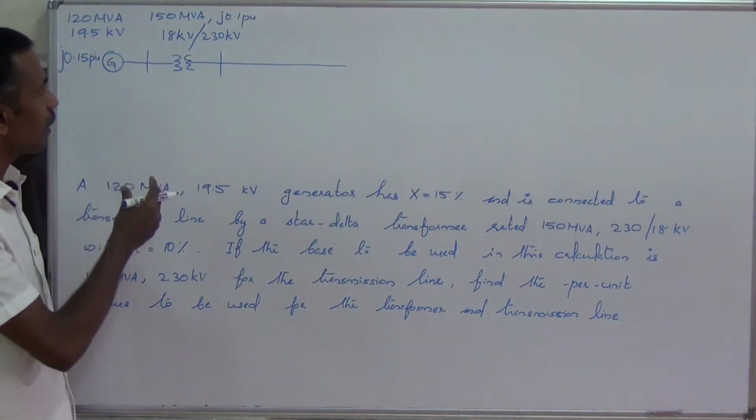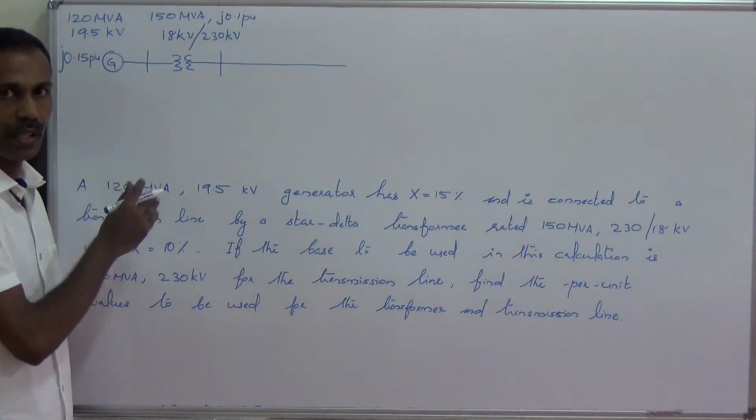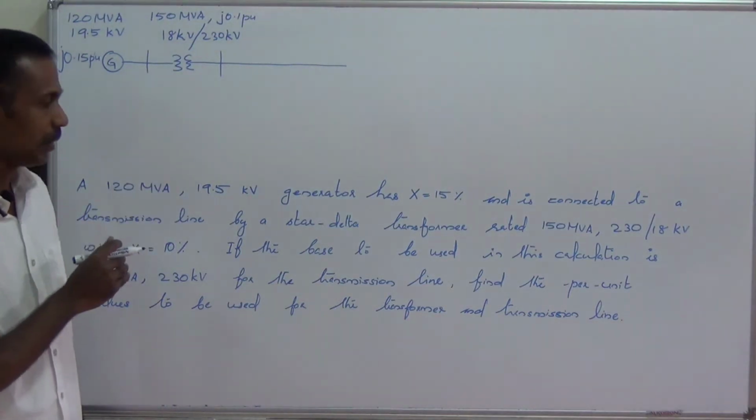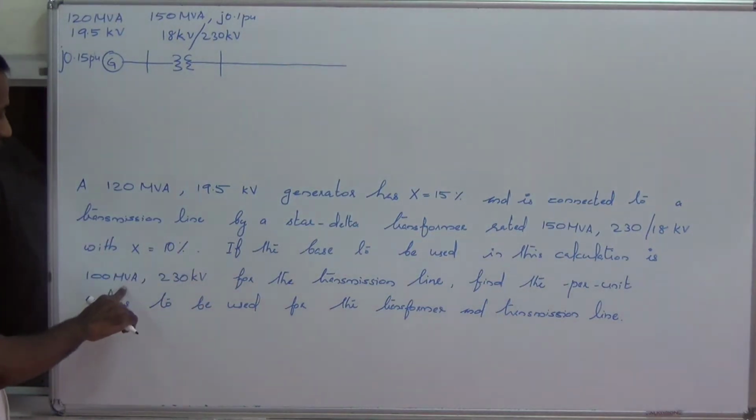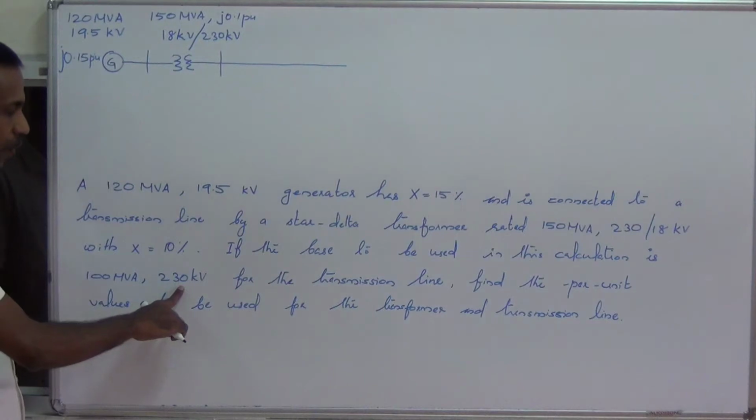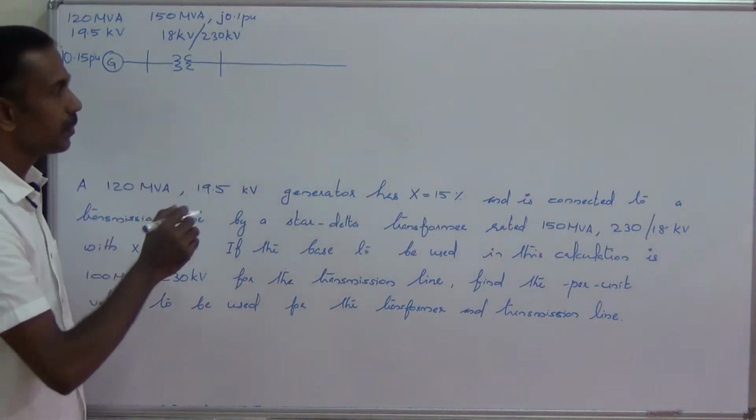So these per unit reactances are given with different base values. We have to find out the per unit reactances on a common base value. Here the common base value to be used in this problem is 100 MVA, 230 kilovolt on the transmission line.